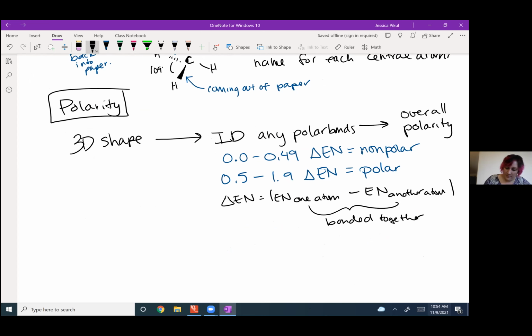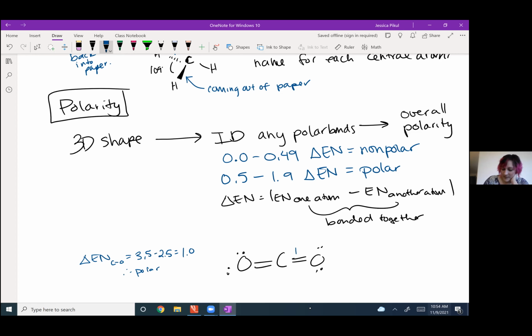So I'll put up that carbon dioxide again. Okay, so here's carbon dioxide. We can represent it a couple different ways. My electronegativity difference between my carbon and oxygen bond is equal to 3.5 minus 2.5, so it equals 1.0. Therefore it is a polar bond.